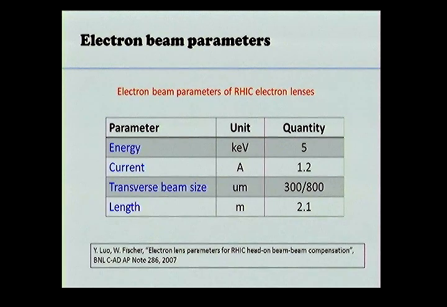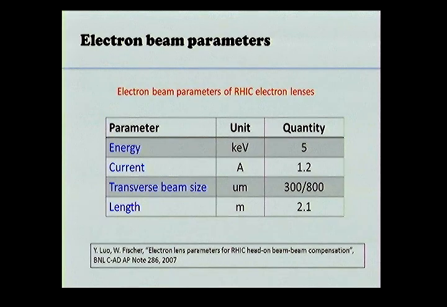Here I list the electron beam parameters. The energy is 5 keV. It's low energy, and the maximum current is 1.2 ampere. 1.2 ampere is enough, and will provide 3.5 times 10 to the 11 electrons in the interaction range. The transverse beam size of the electron beam should be the same as the proton bunches at the e-lens.